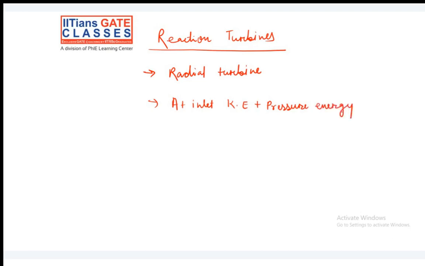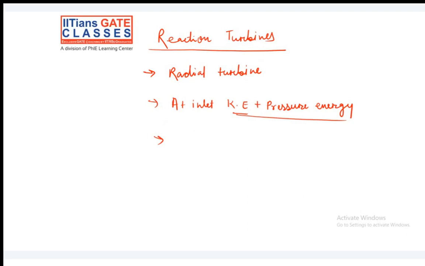Initially we saw that we had only kinetic energy, but here we have some kinetic energy and pressure energy at the inlet. That means your water pressure is not at the atmospheric level but above it. That means the flow of water through the turbine must be in a tight casing. Yes or no? Otherwise if it is exposed directly to the atmosphere, then the pressure is not maintained, right?